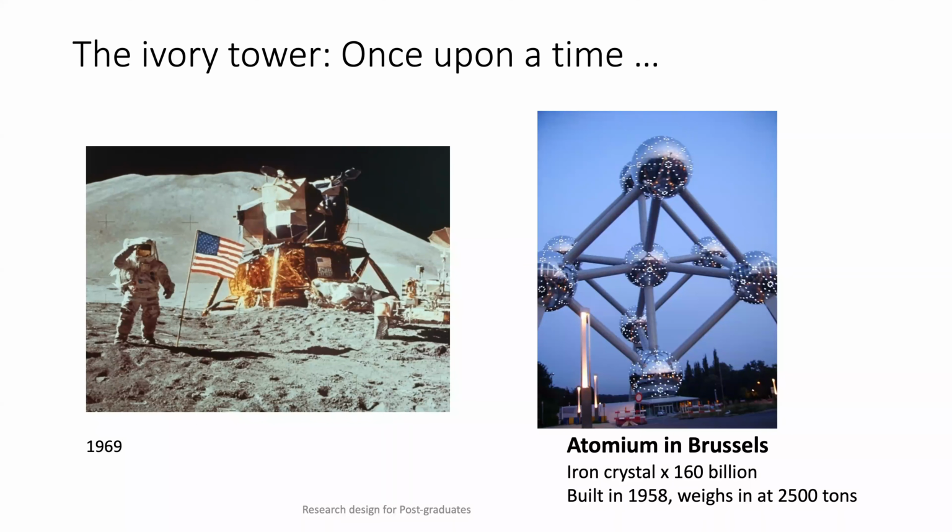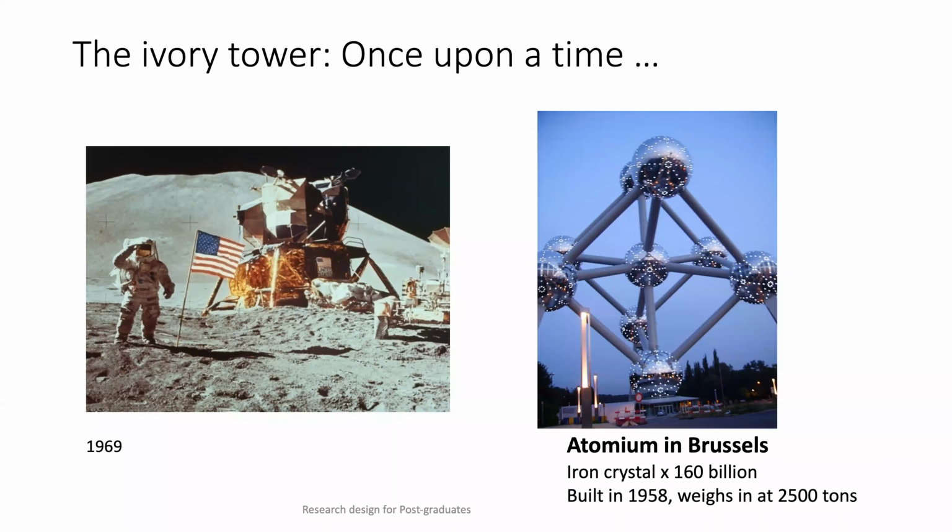And whether it's applied science to a large extent, like, for example, sending somebody to the moon, or whether it's observation science, like finding out the structure of the iron crystal, it's all based on one thing, and that is good preparation of what you want to do, good research objectives, and the ability to also sell that further up in terms of making reproducible methods.